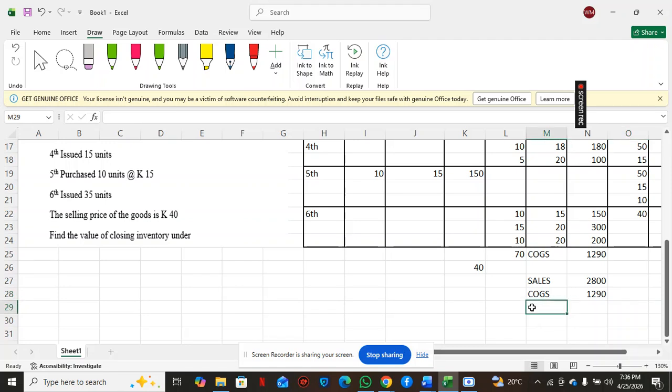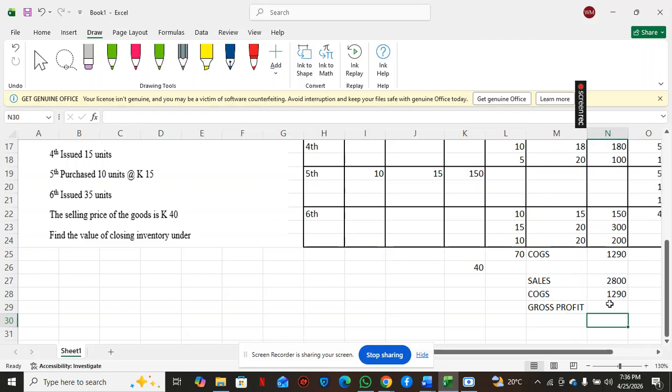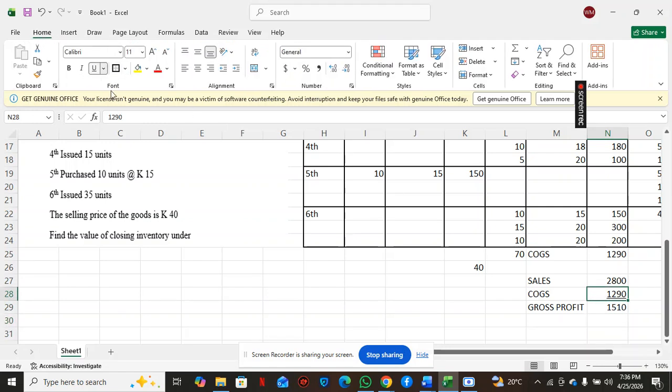Our gross profit: 2,800 minus 1,290 is 1,510. That is the gross profit.